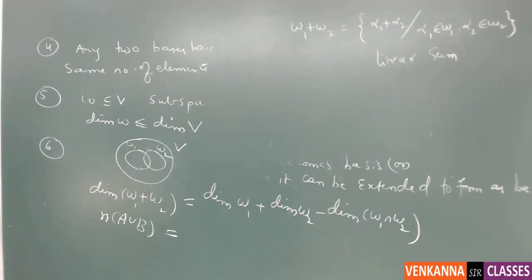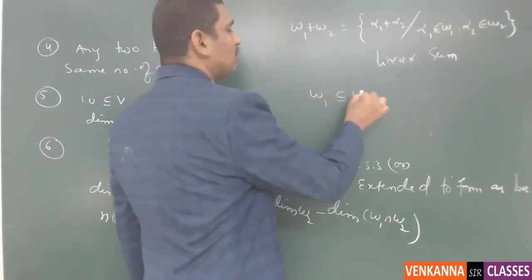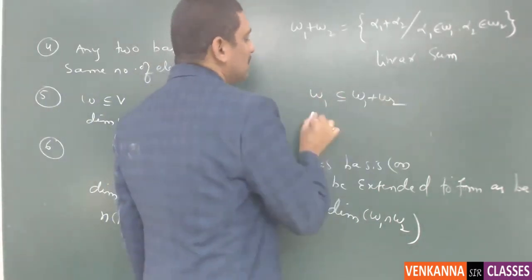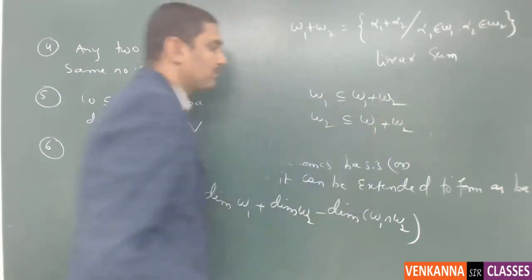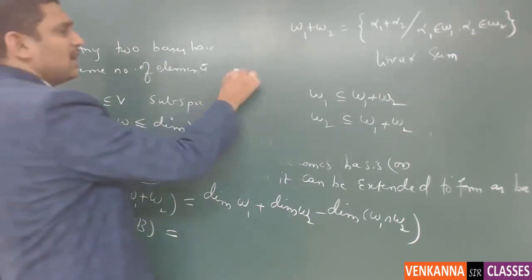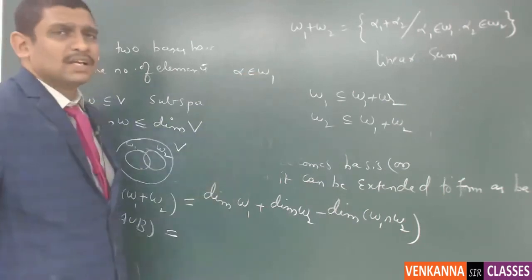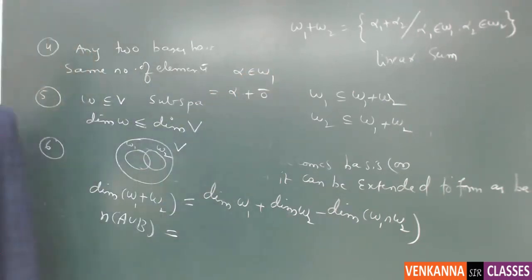So obviously W1 plus W2 is a big set compared to W1 and W2. W1 is a subset of W1 plus W2 and W2 is a subset of W1 plus W2. Why? Because if you take any vector in W1, let me say alpha belongs to W1, this alpha can be written as alpha plus 0 vector.